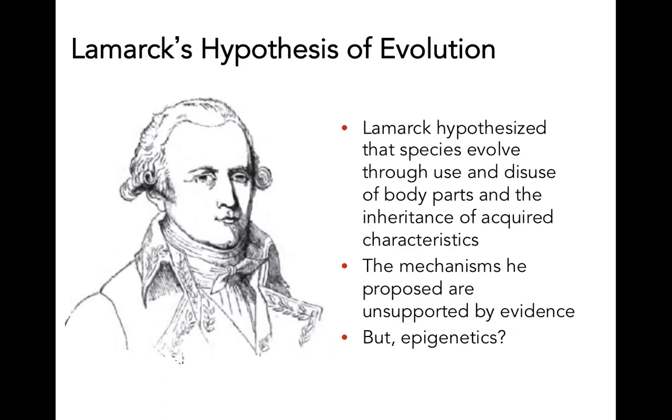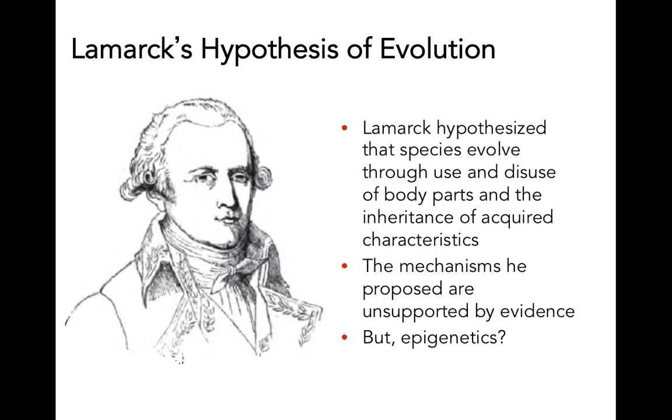Another scientist who influenced Darwin was Lamarck. Lamarck was French, as was Cuvier. Lamarck came up with an idea, a hypothesis of evolution, that species could change through time through use and disuse of certain body parts and the inheritance of acquired traits.